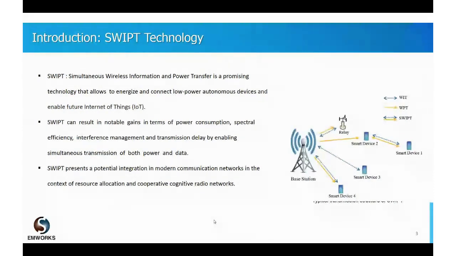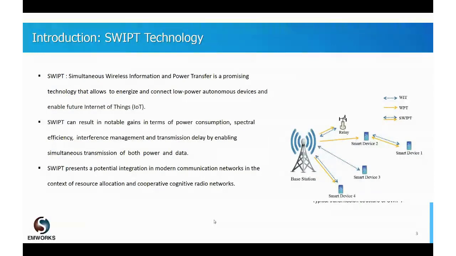Typically, when you have a lot of spatially distributed sensors, you want to communicate with them. Ideally, you don't want these sensors to require batteries or to be plugged into an electrical network. So we want to be able to power them and communicate with them at the same time.